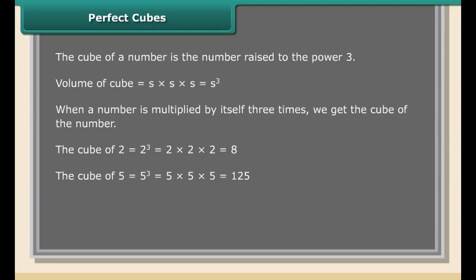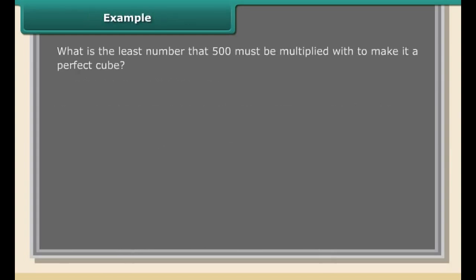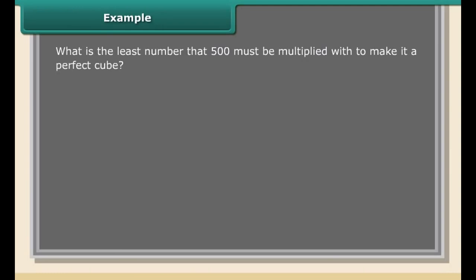8 and 27 are natural numbers which are cubes of natural numbers 2 and 3 respectively. Such numbers are called cubic numbers. Example: what is the least number that 500 must be multiplied with to make it a perfect cube? Solution.